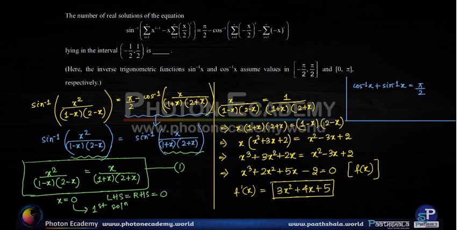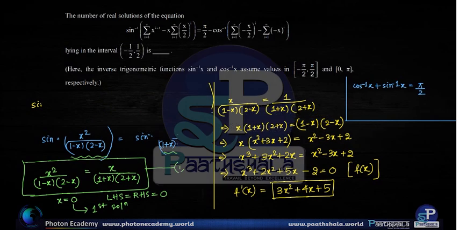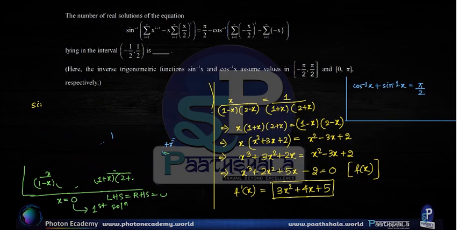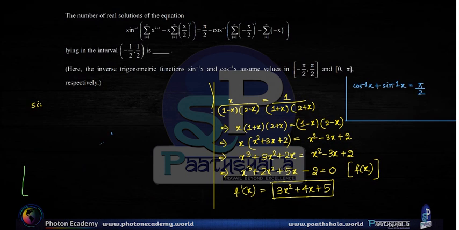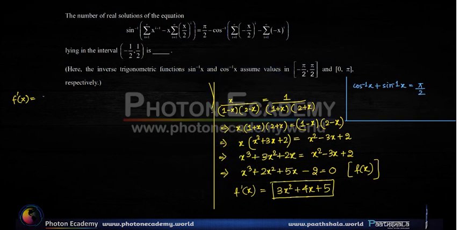To do that, we have f dash x is equal to 3x square plus 4x plus 5.